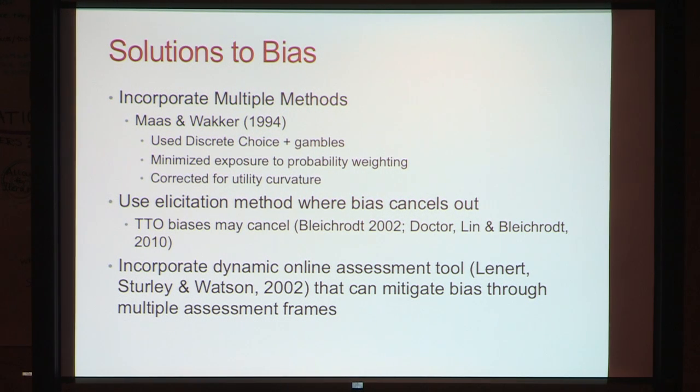A third option is to incorporate some sort of dynamic online assessment tool where you can show people their discrepancies and say, hey, look, you said this here, but you said this here. Then they can resolve their inconsistencies and say, well, this is what I really mean. That's called construction of preference. So a preference construction tool can mitigate these biases through multiple frames, showing them where they're inconsistent, et cetera.